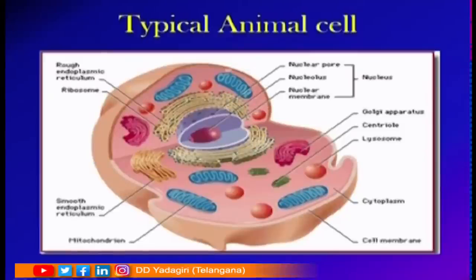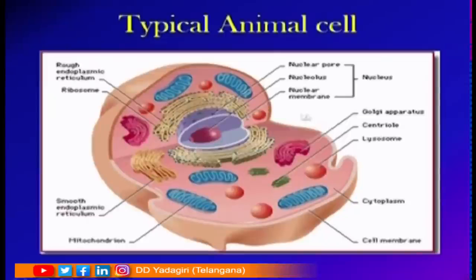Around the nucleus you can see some structures called endoplasmic reticulum. When the endoplasmic reticulum has ribosomes over them, they are called rough endoplasmic reticulum. Here you can see these are also endoplasmic reticulum, but they are smooth because here we don't find any ribosomes.